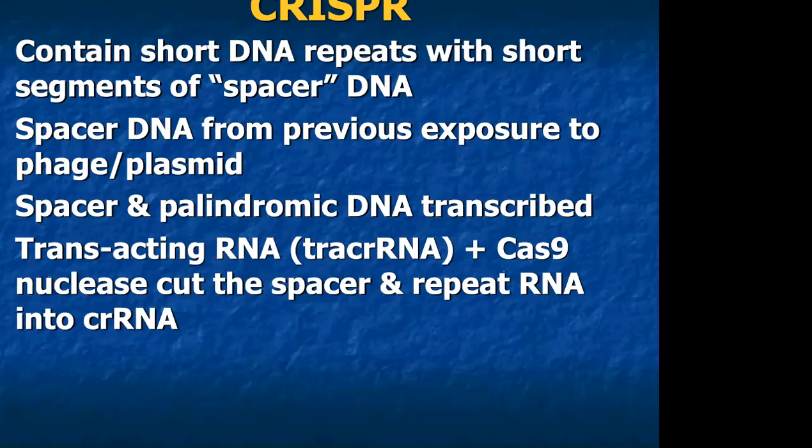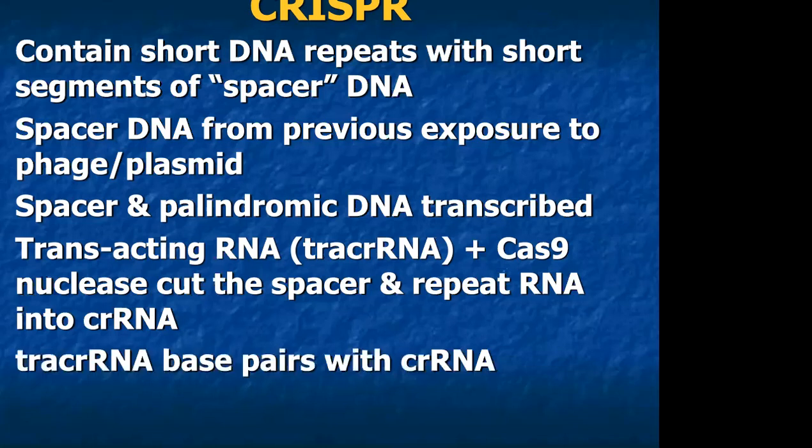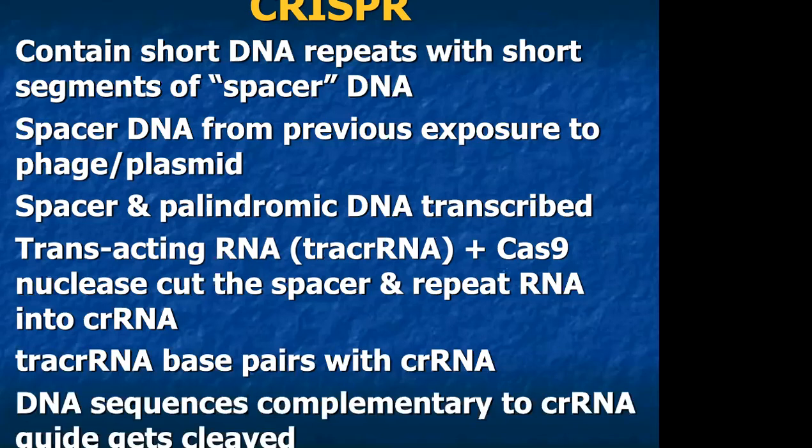In wild type, Cas9 has a nuclease, which cuts the spacer and repeat RNA into what's referred to as crRNA. Tracer RNA base pairs with the crRNA, complementary to crRNA, and the guide gets cleaved.